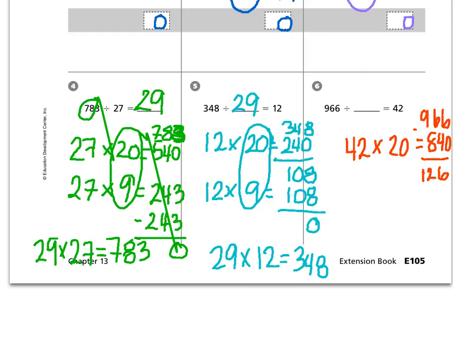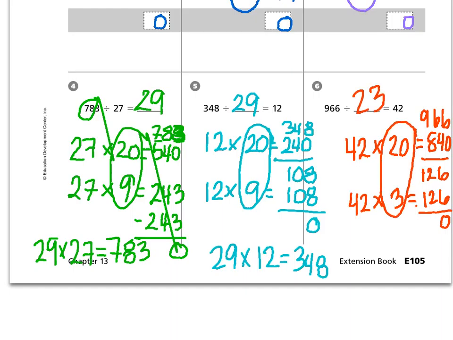So then I have to think about 42 times what will equal 126, and I know that 42 times 3 equals 126. I'm going to subtract and I get 0. So now I have 20 plus 3 equals 23, which would be 23 times 42 equals 966.